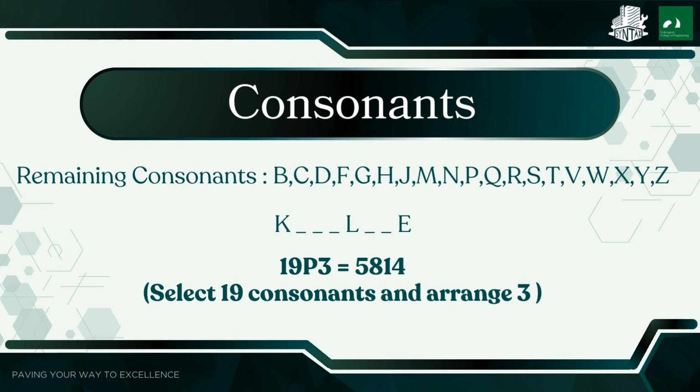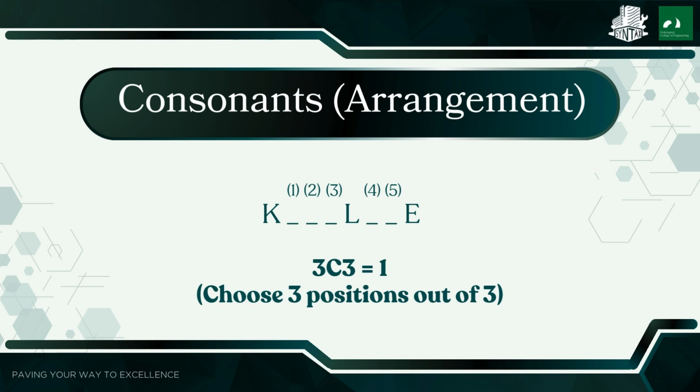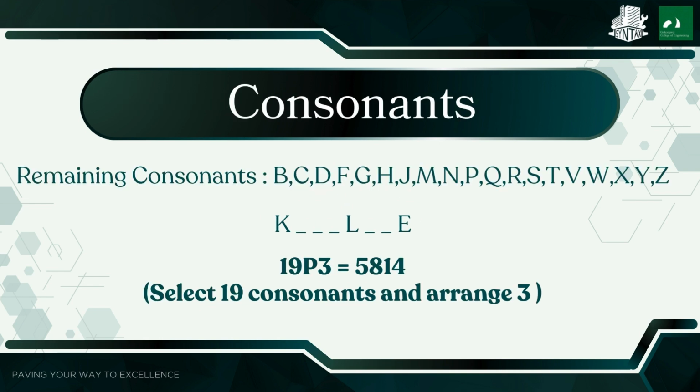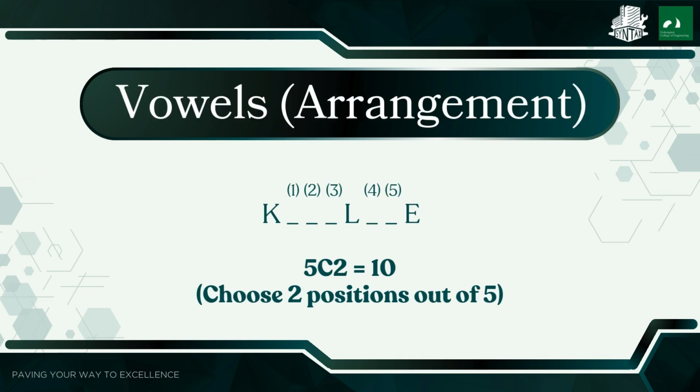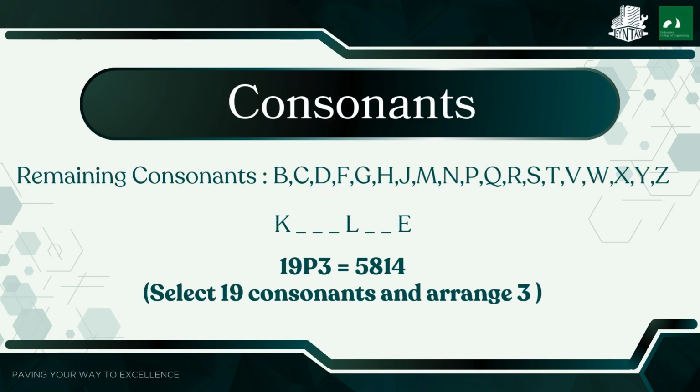Now, for the next step, we may also omit this step. However, for the sake of clarity, we will still proceed with it. Out of the remaining 3 positions, we are to choose 3 of them. As it suggests, this is only redundant as you only have one possibility, which is justified by the combination 3 choose 3, which is also equal to 1. So you can choose to omit this step because from the previous slide, we already know that the arrangement from the vowels have also chosen 2 positions, so the remaining position is now only 3.